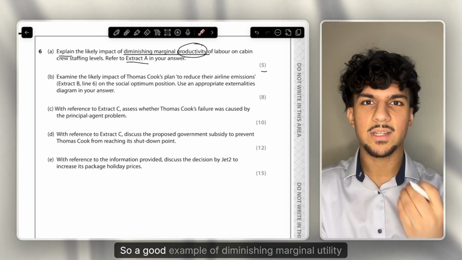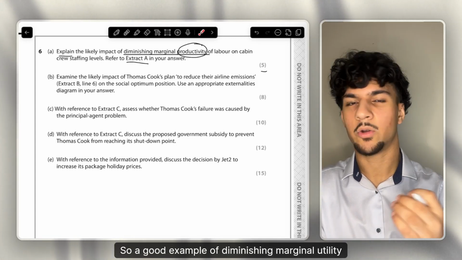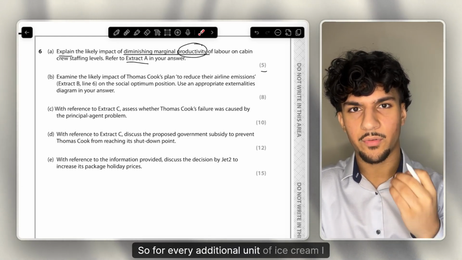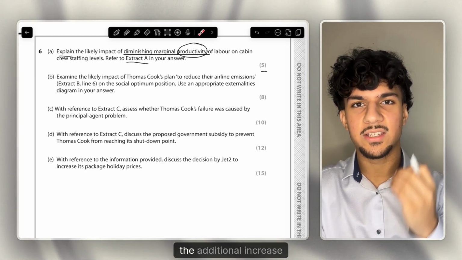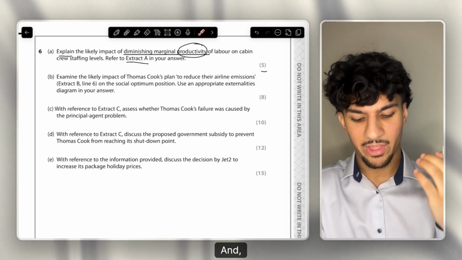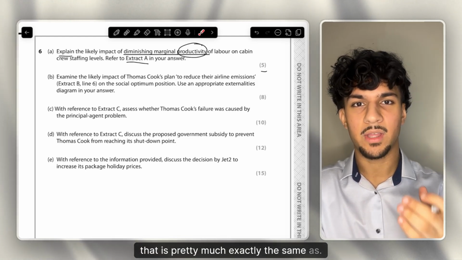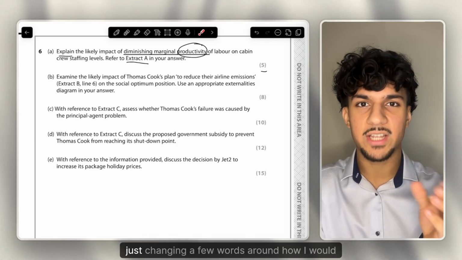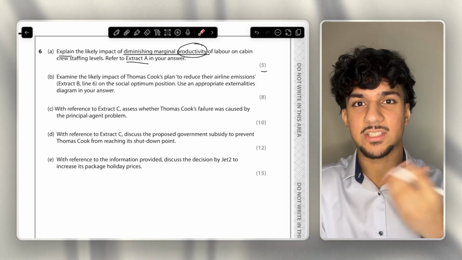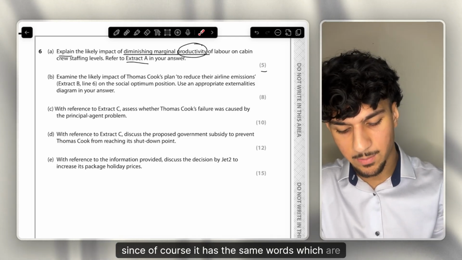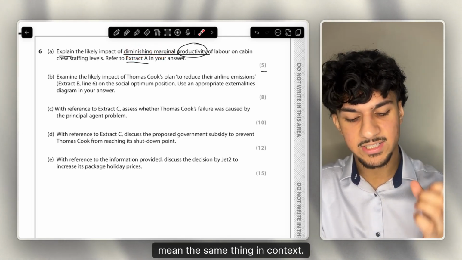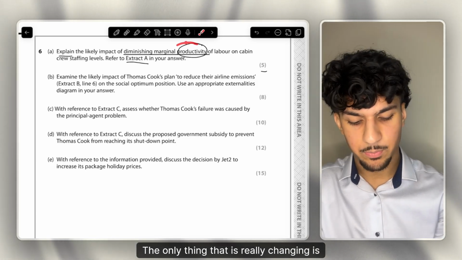A good example would be ice creams: for every additional unit of ice cream I consume, the additional increase in satisfaction would decline. I would define diminishing marginal productivity with the exact same wording, just changing a few words around, since it has the same words, diminishing and marginal, which mean the same thing in context.